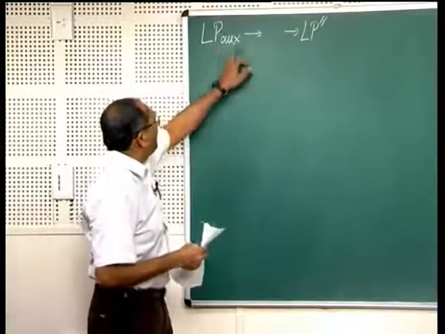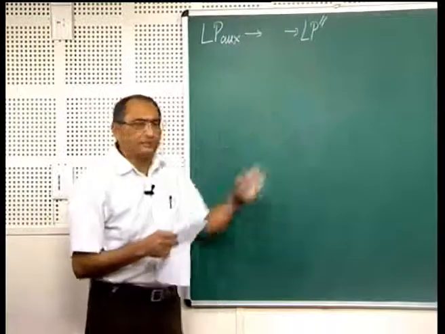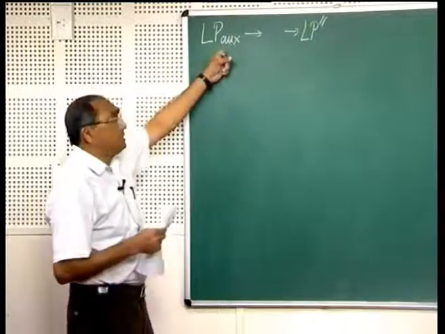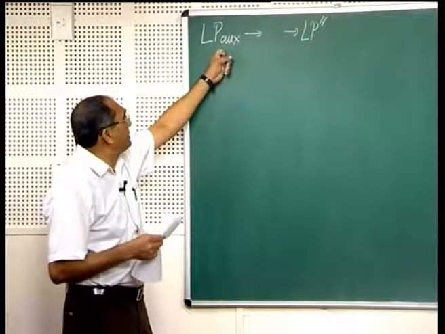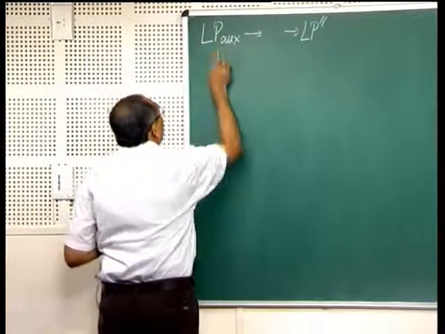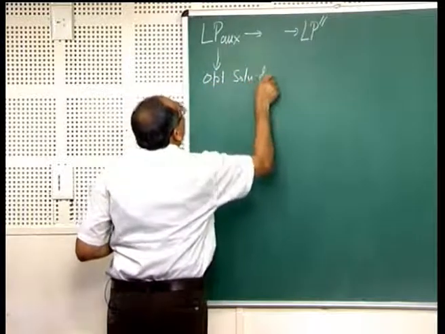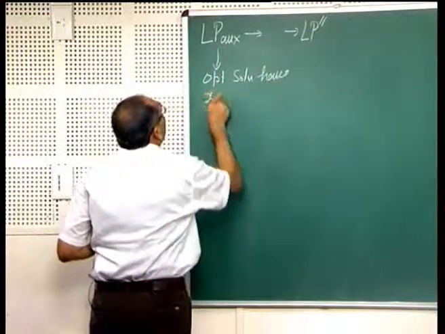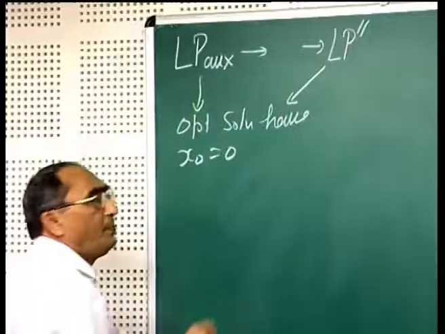Hence, the two problems are equivalent, and hence their solutions are same. Now, we know that the only solutions which are optimum have x0 equal to 0. So, the optimum solutions have x naught equal to 0, and hence the same is true for LP double prime.